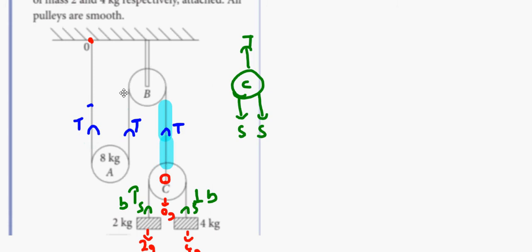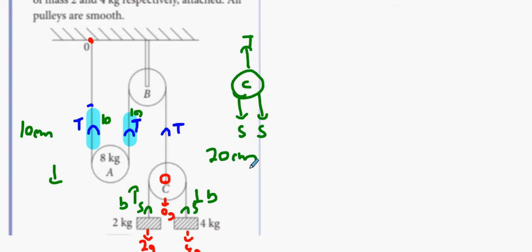Two lines versus one line. So, for argument's sake, if pulley A drops 10 centimeters, that's 10 centimeters on the left, 10 centimeters on the right. Pulley C will drop 20 centimeters.